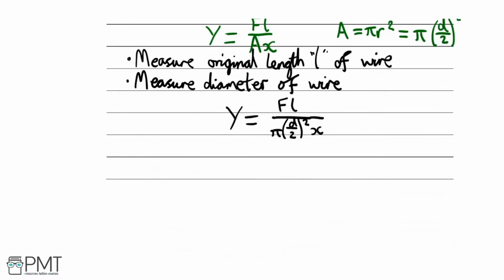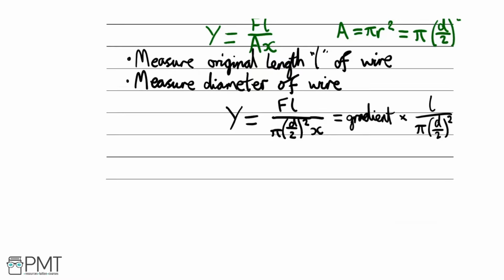So what we can say here is where we can take F and x out of this equation, we can rearrange it slightly. And then that agrees with our two earlier statements about measuring the length and the diameter, because those are the only two that are left in the expression that's multiplied by the gradient.